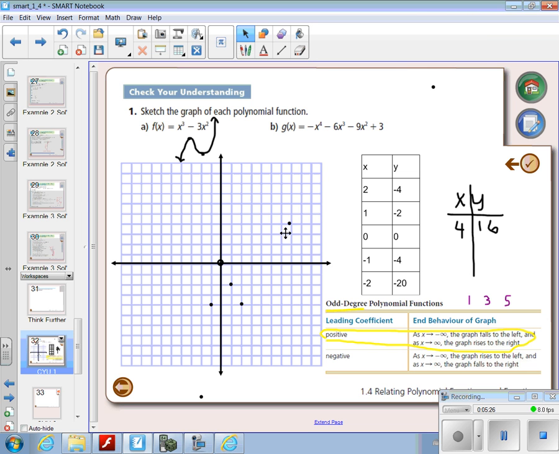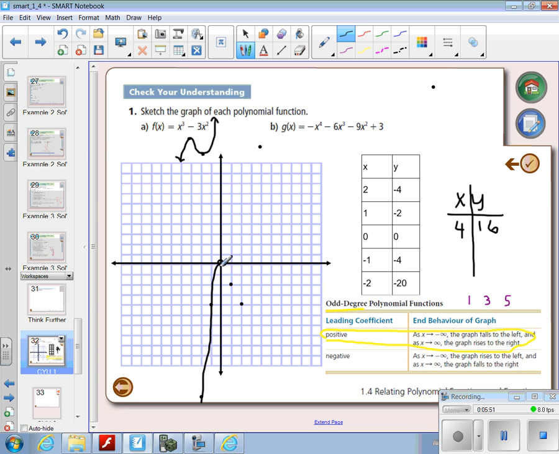4, 16. 1, 2, 3, 4. 16 would be off the page. But now I am quite confident as to what this curve is going to look like. I have the general shape from the beginning, and I have found some points to help draw it more accurately. Remember, this is a sketch. It doesn't have to be absolutely perfect, but it should be quite close.